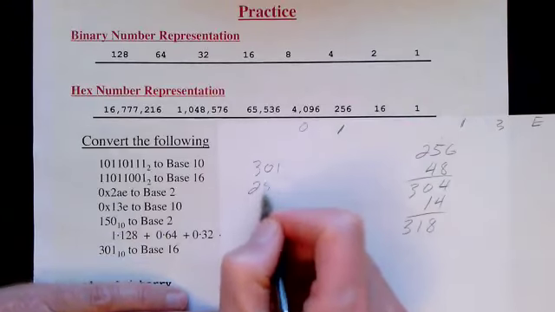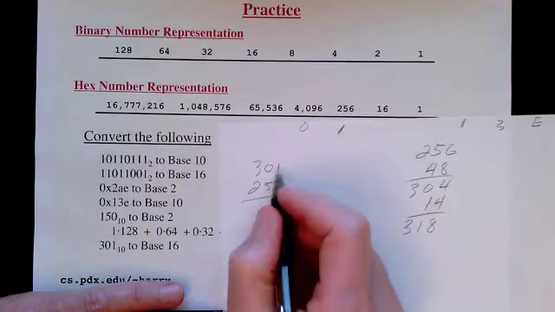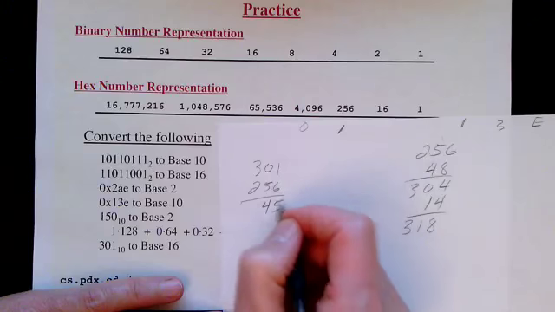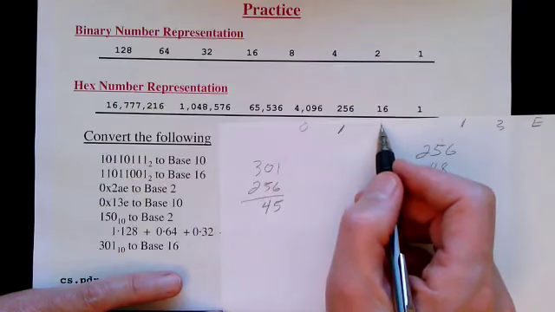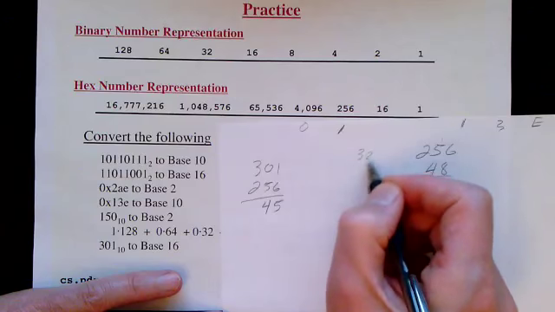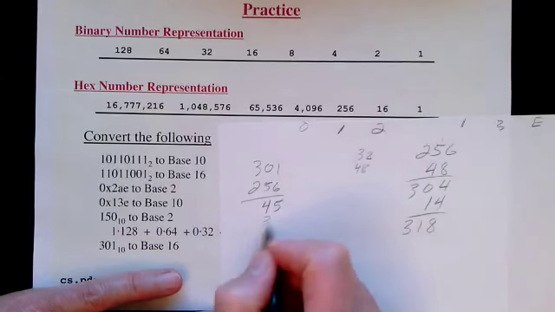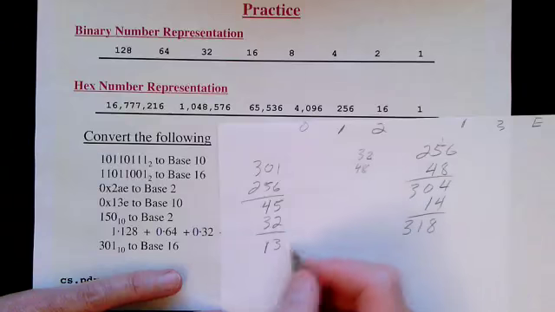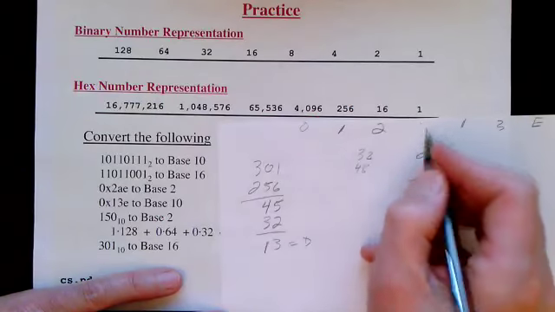So we subtract off 256, and we get 45. Okay, is that greater than 16? Yes. Okay, so we have some 16s in there. 2 16s is 32, 3 16s is 48, so we can only fit 2 in there. So we subtract off 32, and we get 13. Well, remember C is 12, so 13 is D. So our answer is D.